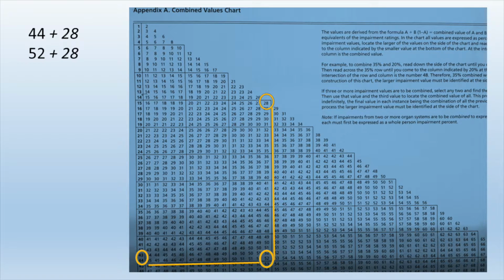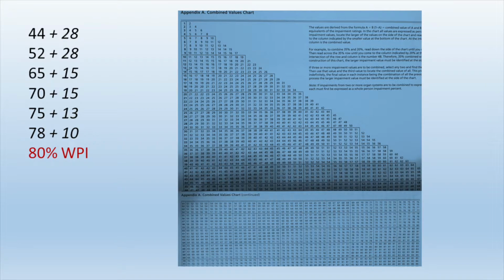So in this particular example, you had 44% plus 28, you come up with 52. You then add all the other impairment scores, and this particular individual ends up with a whole person impairment of 80%, which is appropriate for somebody who's quadriplegic.